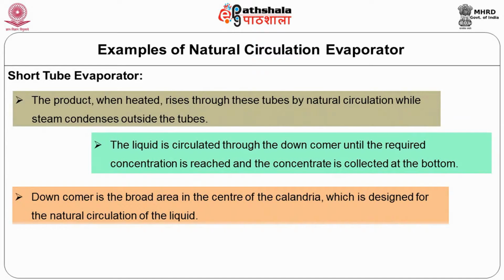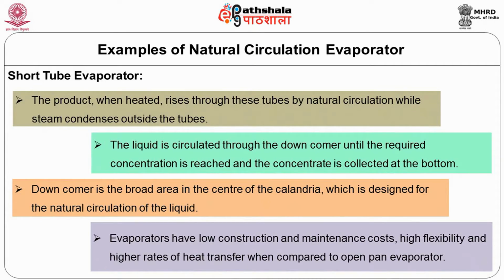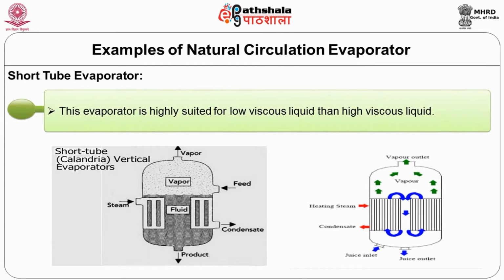The downcomer is a broad area in the center of the calandria, which is designed for the natural circulation of the liquid. These evaporators have low construction and maintenance cost, high flexibility and a high rate of heat transfer when compared to open pan evaporators. This evaporator is highly suited for low viscous liquids rather than high viscous liquids.